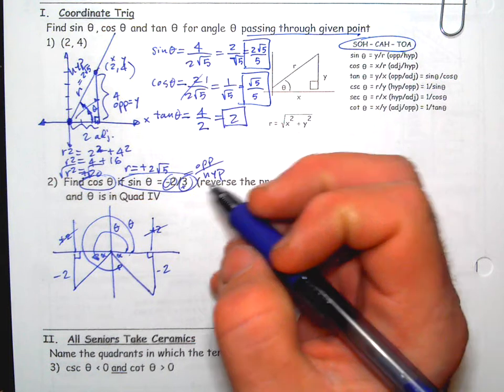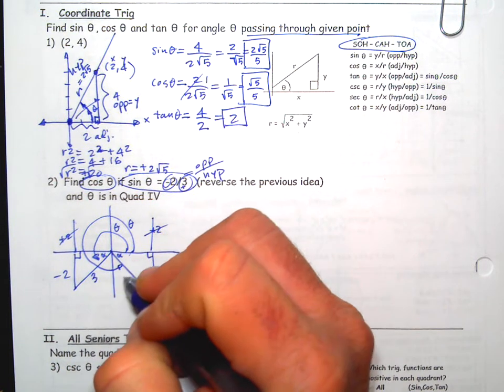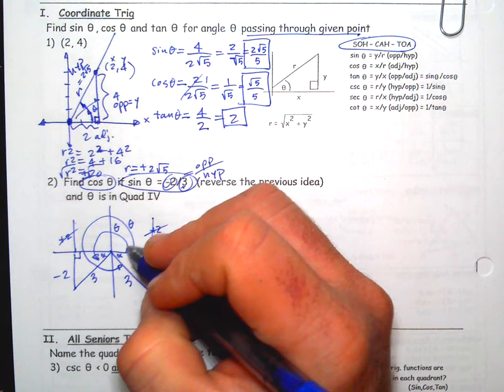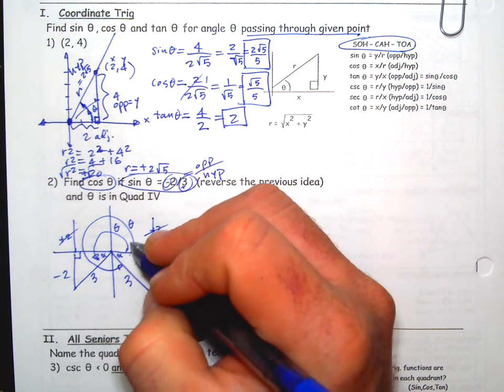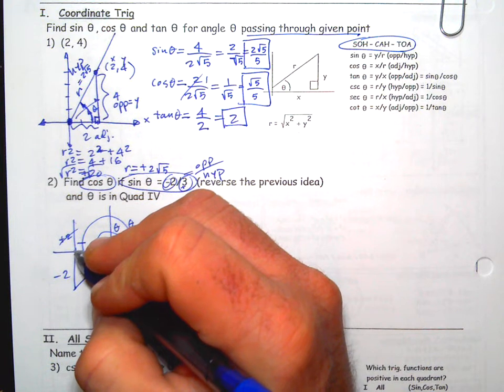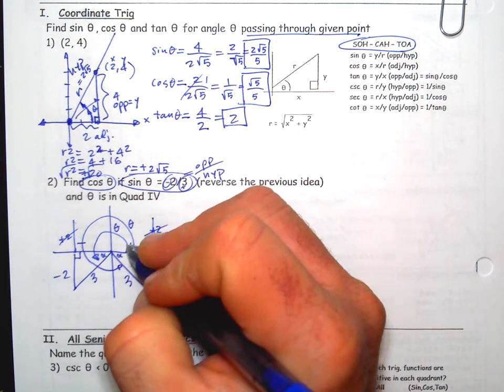The hypotenuse is 3. So we probably want to find the adjacent side, which will be the same length, but here it'll be positive and here it'll be negative because here it's to the left in the x direction, so it's going to be negative. Here it's to the right, so it's going to be positive.